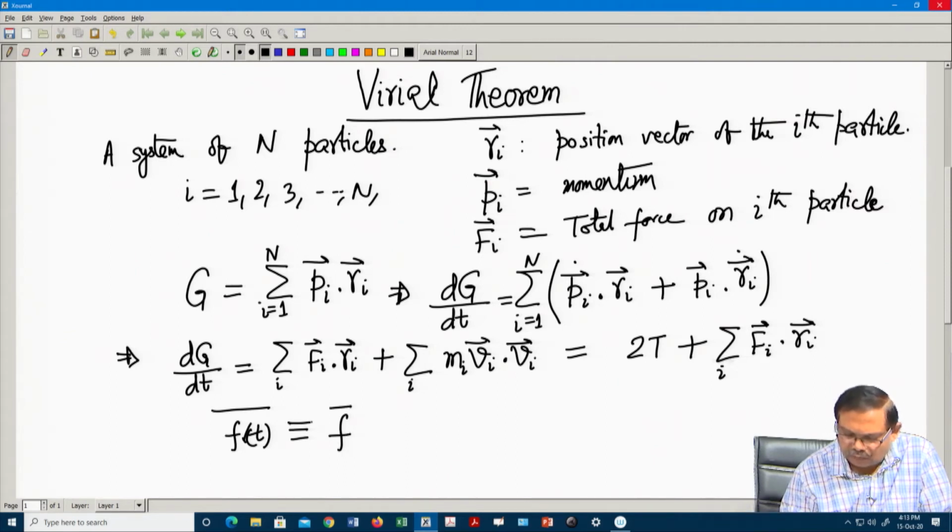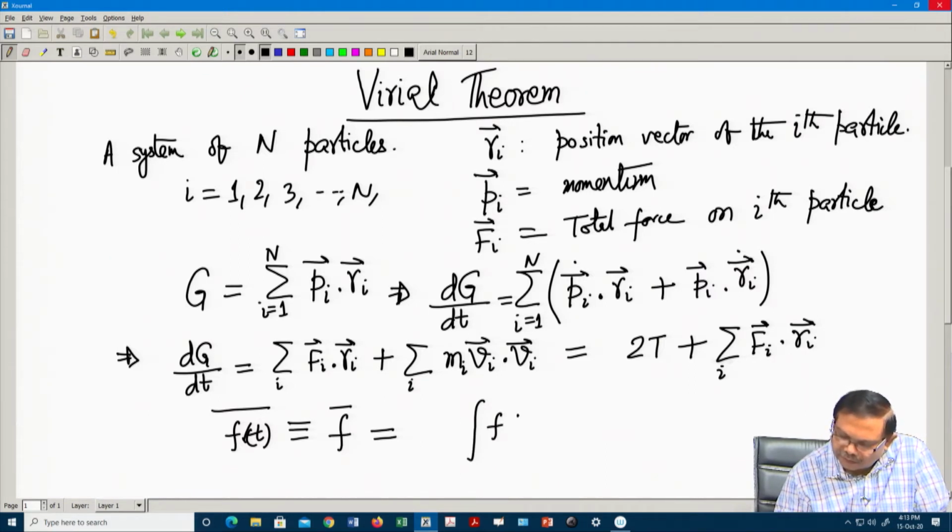What is the meaning of that? f of t has to be integrated over time, from 0 to tau, and in general tau has to be large.